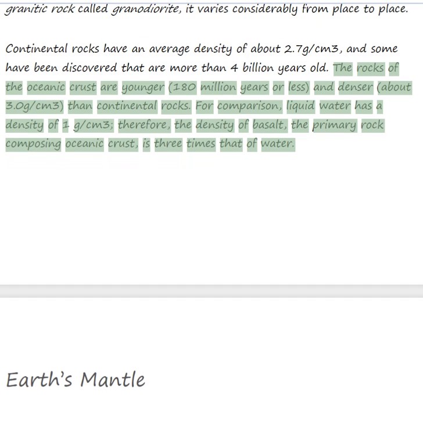The rocks of the oceanic crust are younger and denser than continental rocks. For comparison, liquid water has a density of 1 g/cm3, therefore, the density of basalt, the primary rock composing oceanic crust, is 3 times that of water.